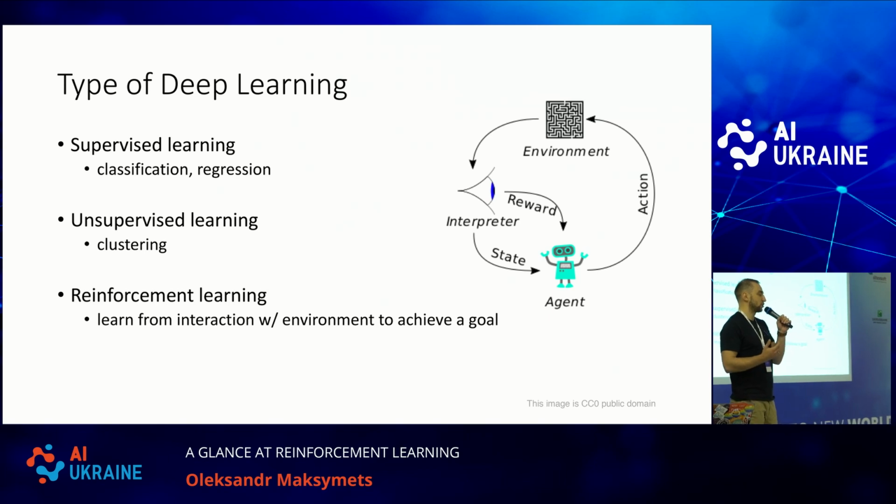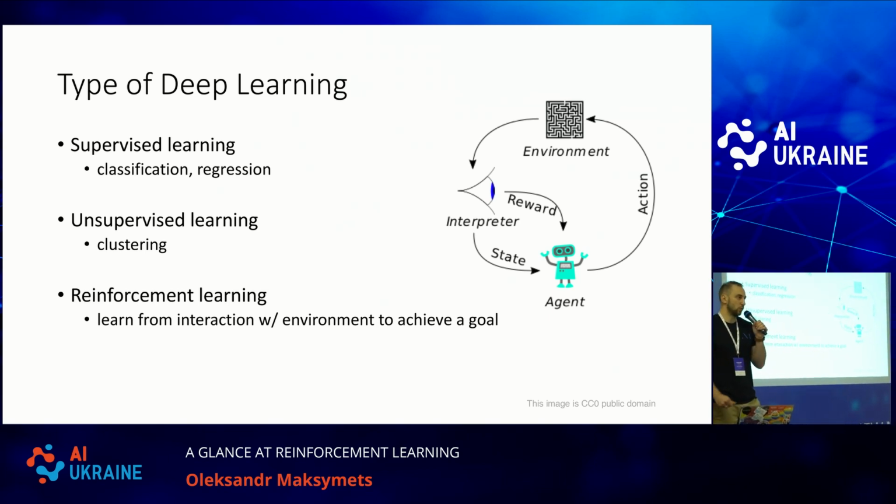Or unsupervised learning, when we try to understand patterns and derive some clustering or structure for the data we provide to the model. Reinforcement learning is quite different from both of these, because here a model has the ability to discover the environment on its own.